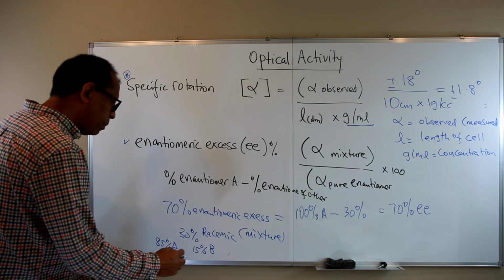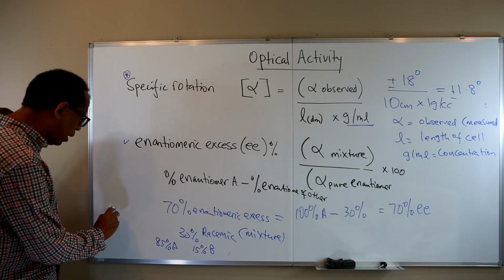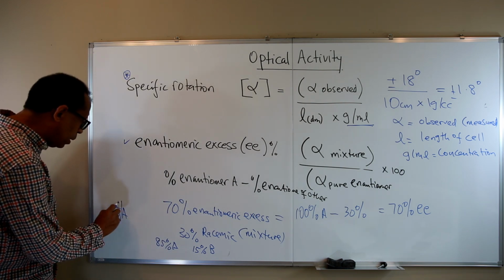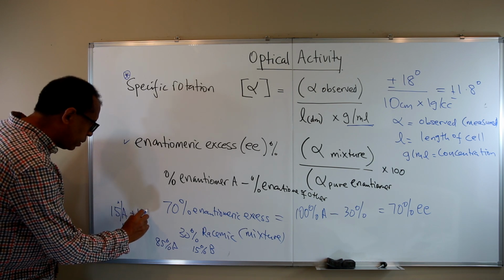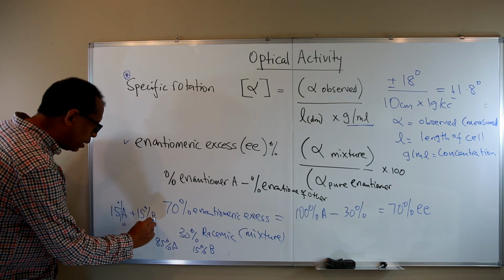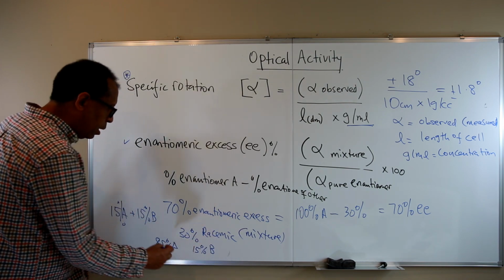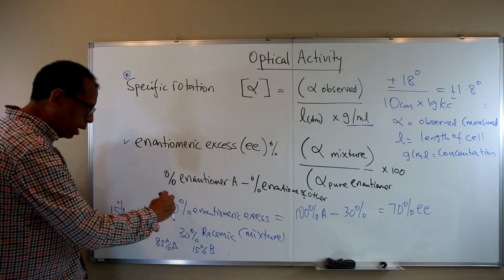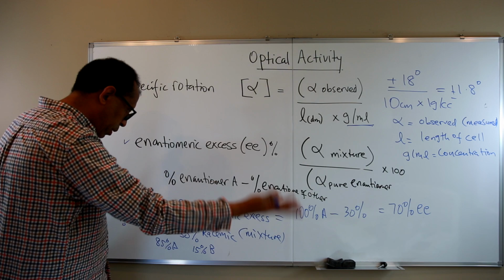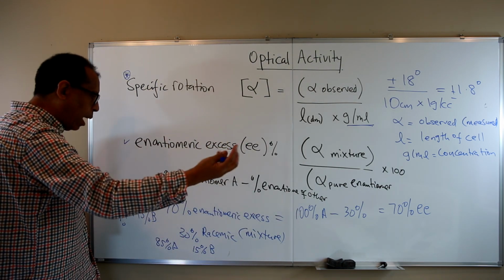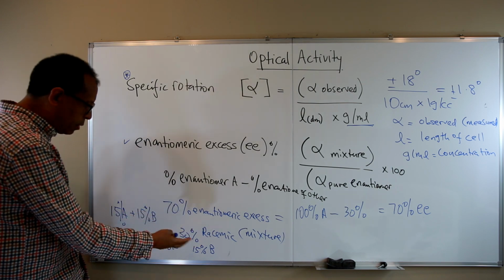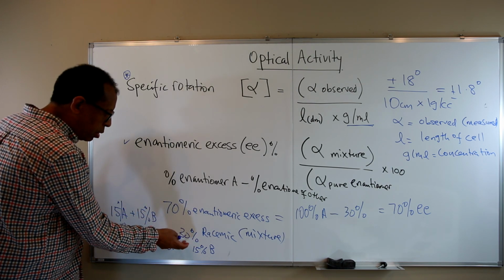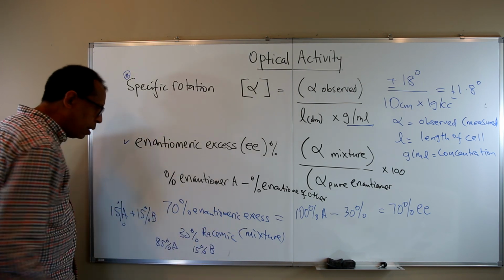So that means 15% A and 15% B. That is the racemic part of it. 70 is the enantiomeric excess of A over B. That means how highly enriched it is with A, but the rest of it is a mixture, which is 30% racemic mixture.